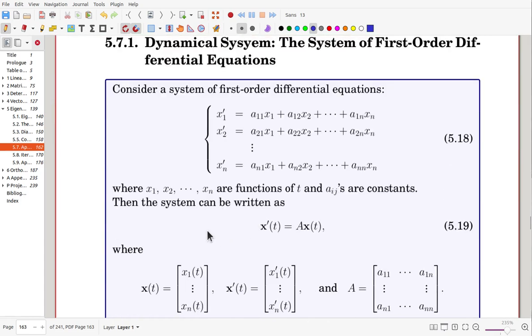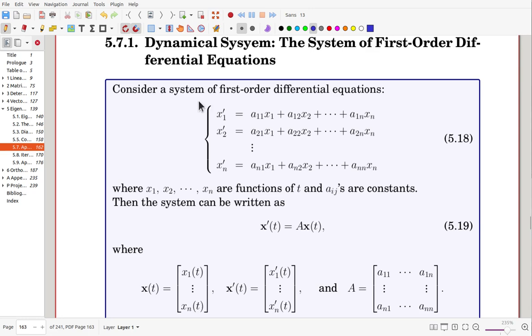Now, a dynamical system is defined in this way. A system of first order differential equations of x1 to xn, along with the coefficients aij. So x1 prime is a linear combination of x1 to xn, and also the x2 derivative and up to the xn derivative are written as linear combinations of the functions x1 to xn.